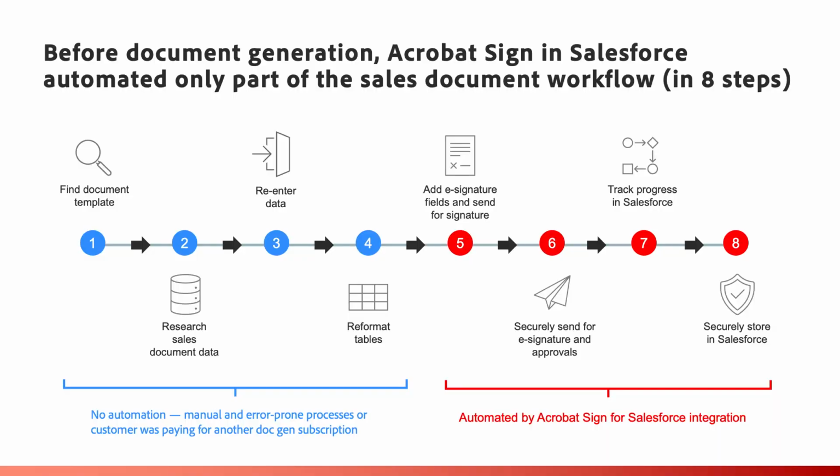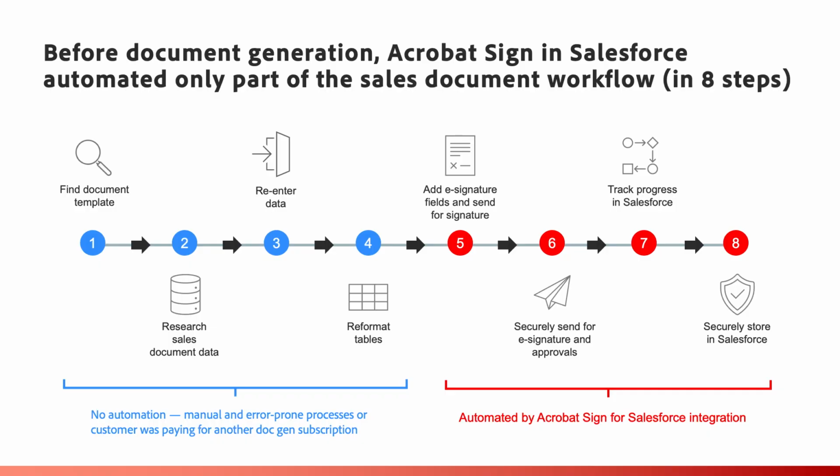All right, so let's take a look at what the workflow really looks like before document generation is introduced. So to demonstrate the benefits of document generation, we're taking a look at what the process looks like, which organizations used in the past. The steps to really find the data, to re-enter it, to reformat it. It's all very manual, right?